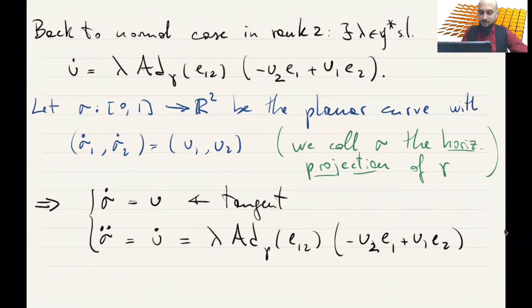So now we have the first derivative and the second derivative of a planar curve. We can associate a quantity, that is the oriented curvature.